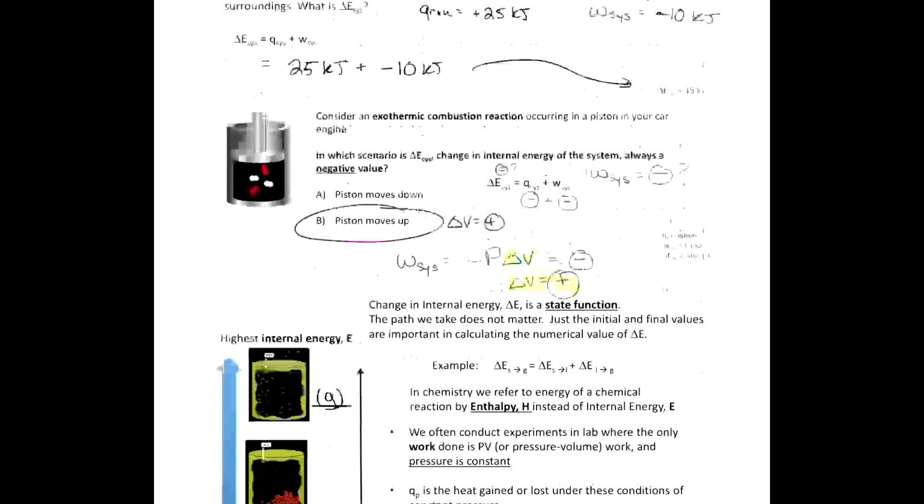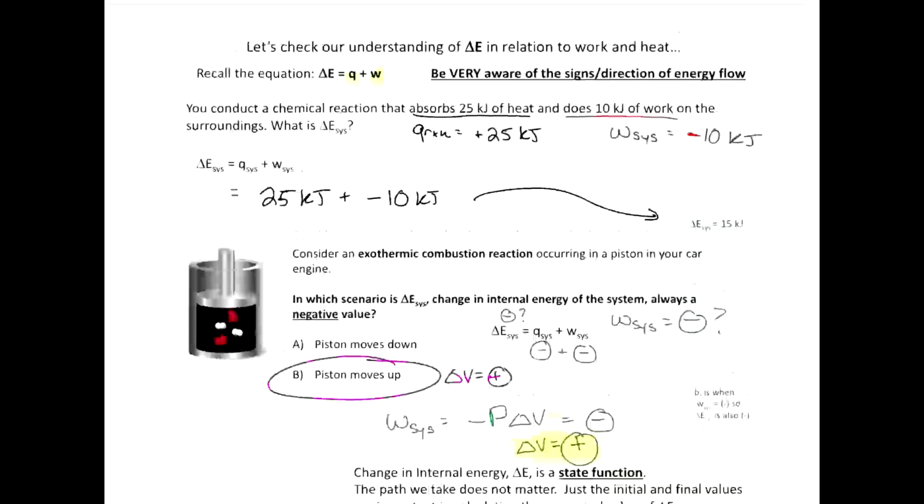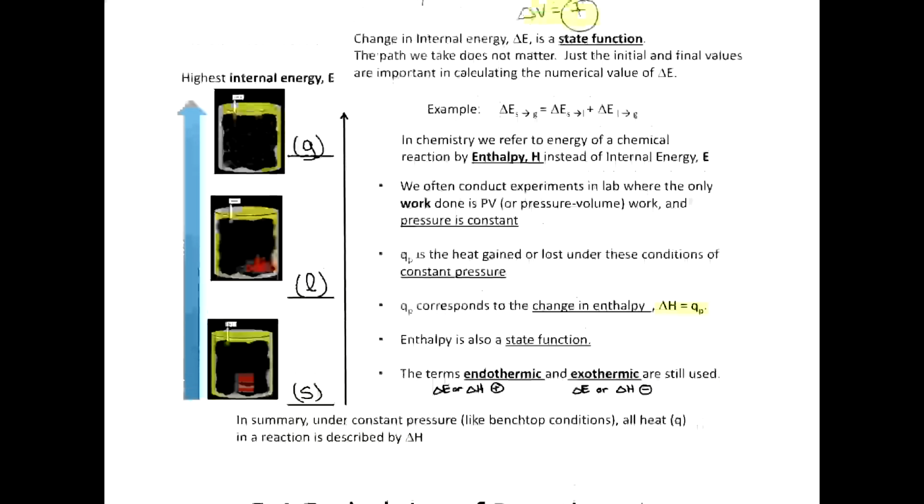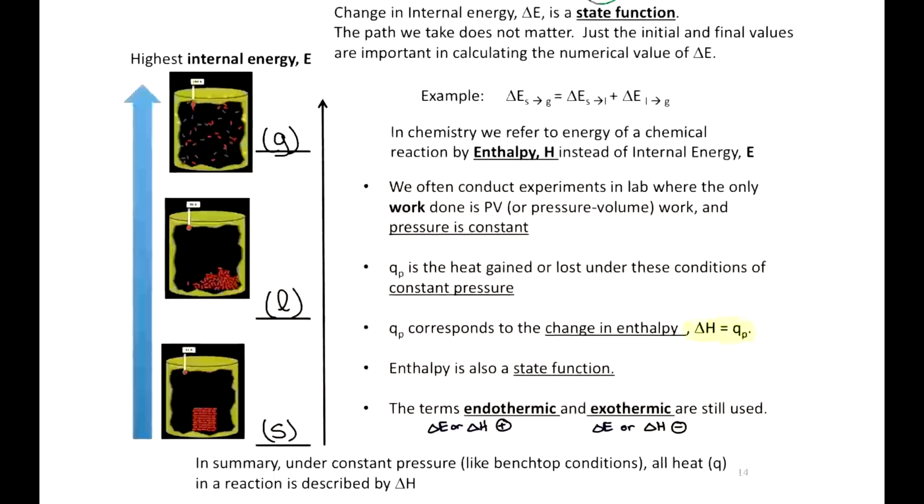Okay. So in both of these examples, we calculated change in total internal energy, all right? So this is change in internal energy. Often you'll see, on Wikipedia or when you Google energy processes, it'll tell you that change in internal energy is a state function.